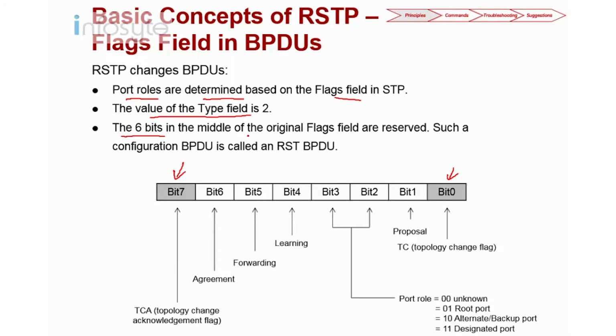The 6 bits in the middle of the original flag were reserved. Here we have the agreement, forwarding, learning, and the port role. The port role here has 2 bits. If it's 0 0, it means unknown; 0 1 means root; 1 0 means alternate or backup; and 1 1 means designated port. So this is the bit layout on RSTP.